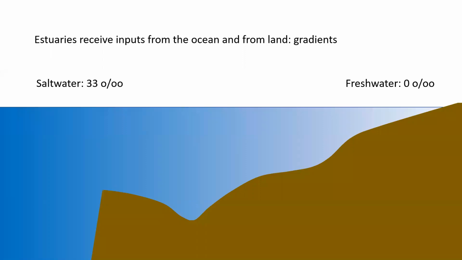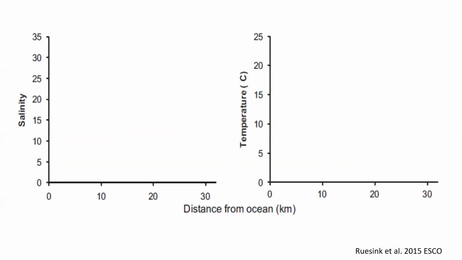Okay, so first, an estuary is where fresh water mixes with the ocean. And as a reminder, fresh water has essentially no salt in it, and salt water in the ocean has 33 parts per thousand. So in an estuary, you expect to see that kind of gradient. And we have collected data on how much salt is in the water, all the way from the mouth of the bay to the Nassau River in the summertime.